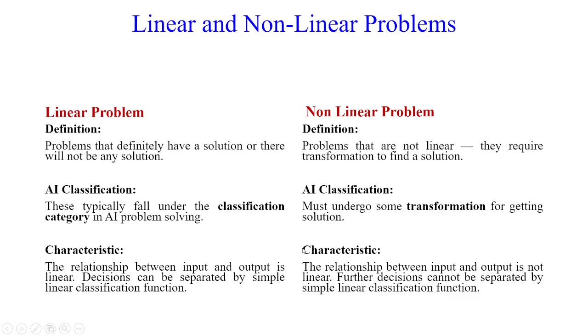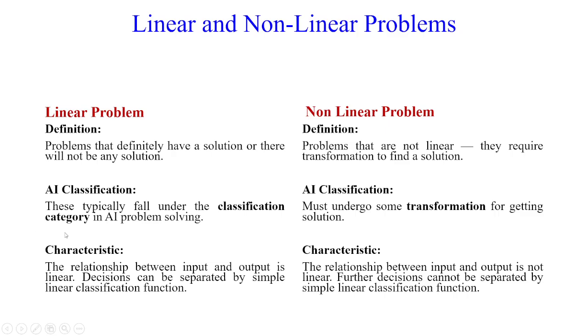Now we will talk about the linear and the non-linear problems. The linear problem is the one that has a definite solution. I mean, it definitely has a solution. So there is no ambiguity. In AI, these typically fall under the classification category.